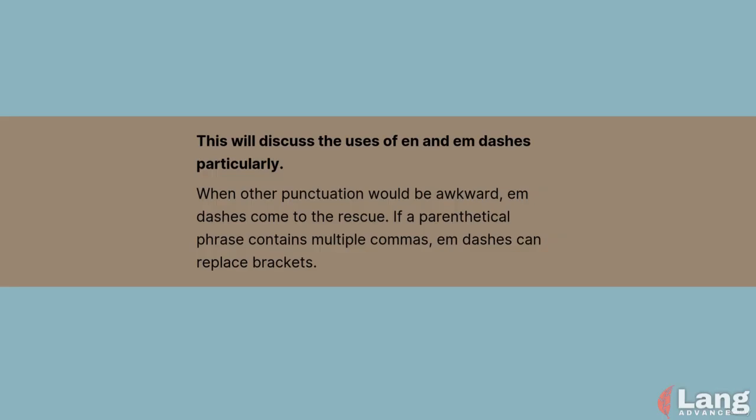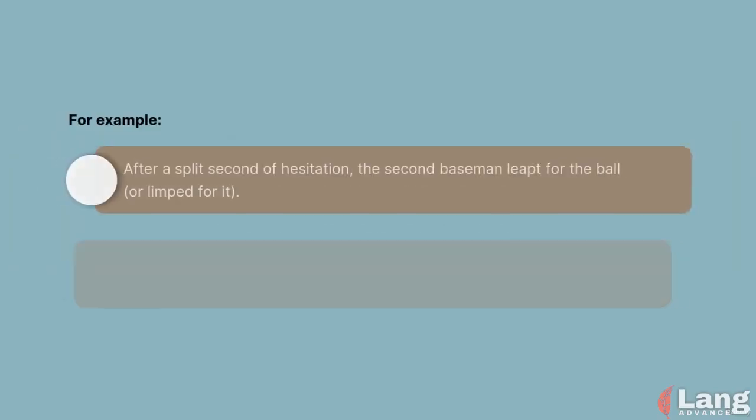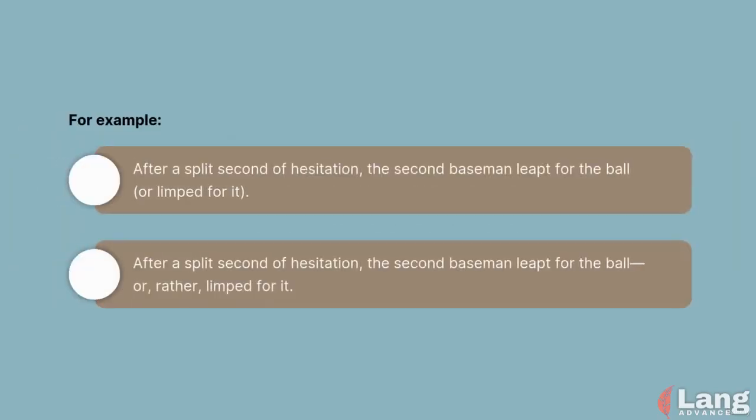When other punctuation would be awkward, M dashes come to the rescue. If a parenthetical phrase contains multiple commas, M dashes can replace brackets. For example, after a split second of hesitation, the second baseman leaped for the ball, or limped for it.